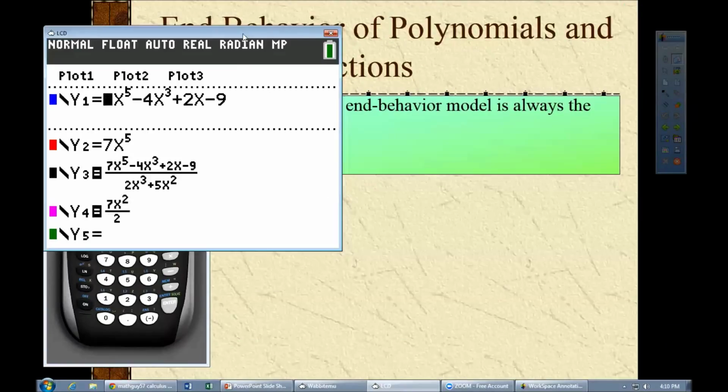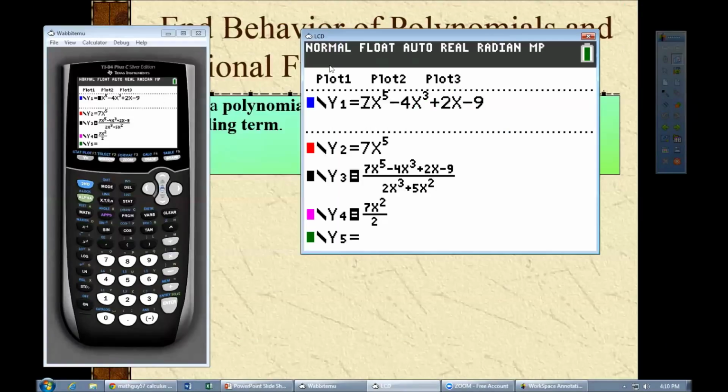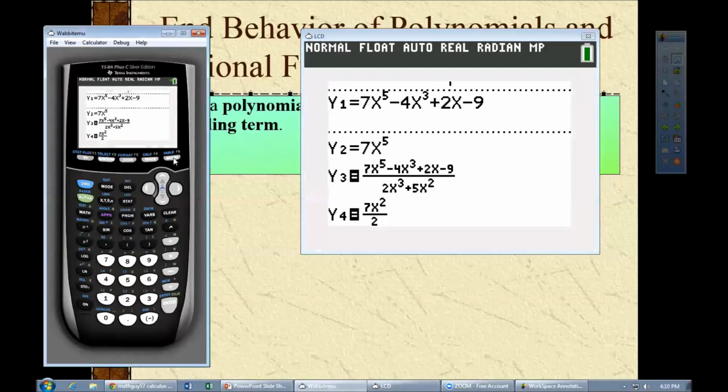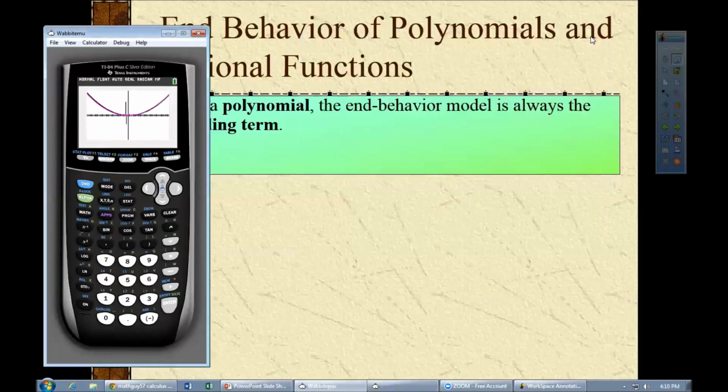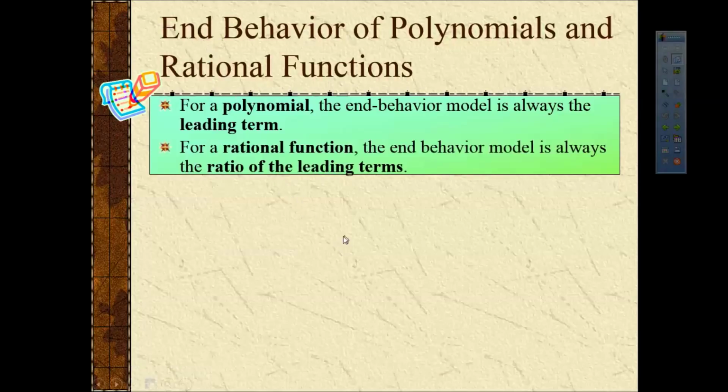Remember, when we looked at these graphs on a large window, we saw identical behavior or nearly identical behavior to the right and to the left. This means for a rational function, the end behavior model is always the ratio of the leading terms.